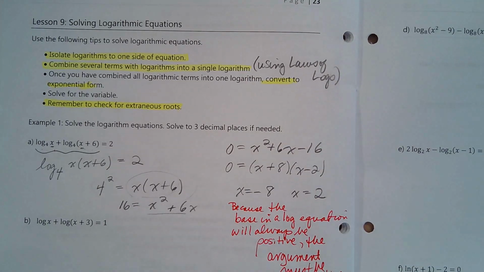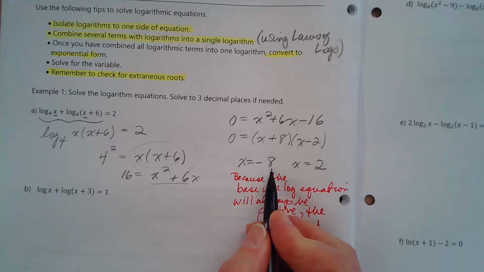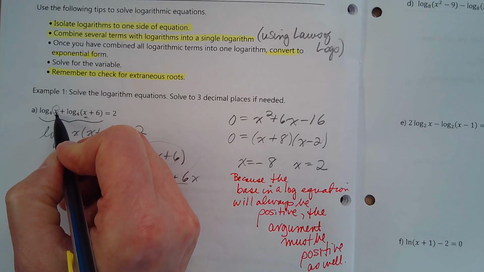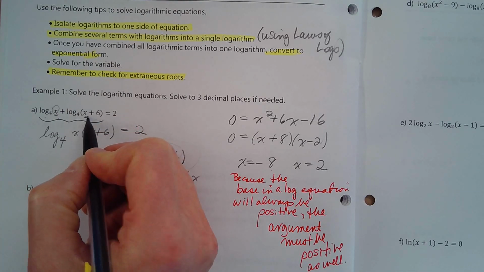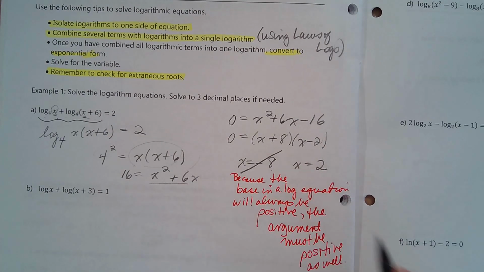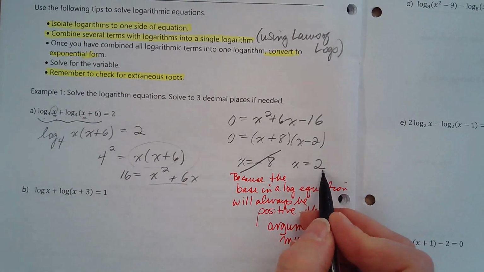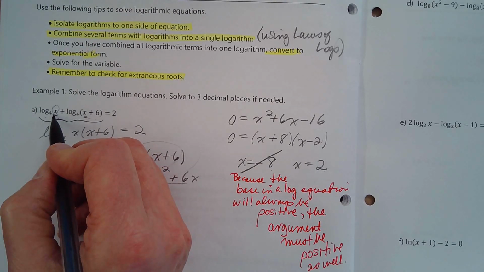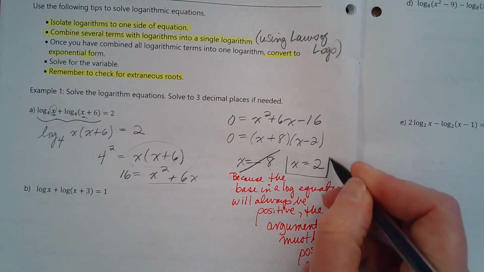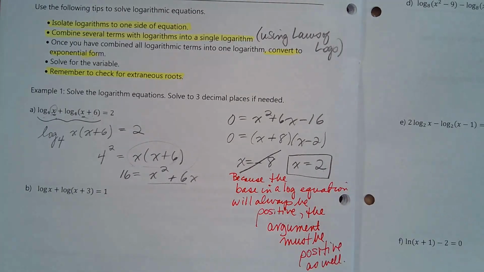So when I check my answers, if x is negative 8, what happens to these arguments? The argument becomes negative 8, not possible. Negative 8 plus 6, not possible. That's not a solid answer. 2 would work, right? That makes a positive argument, so my only answer is 2. Agreed?